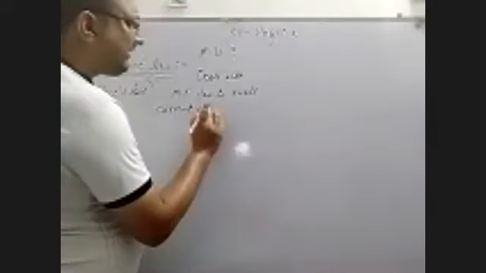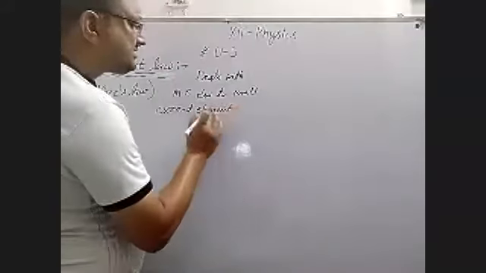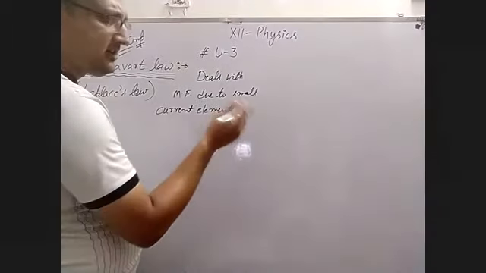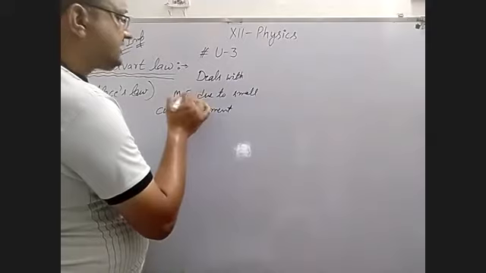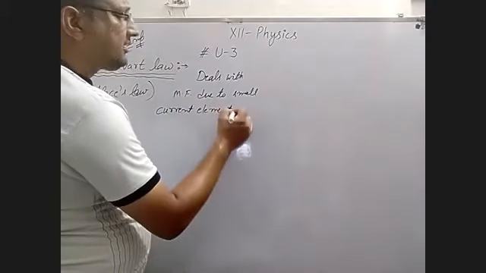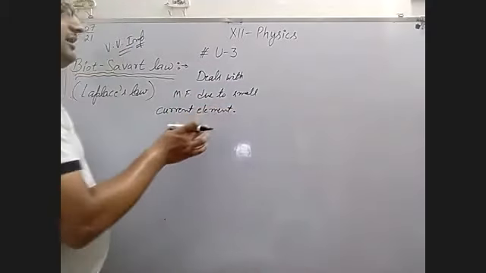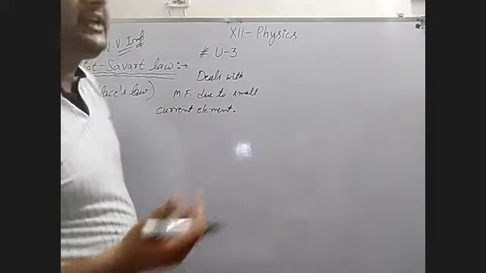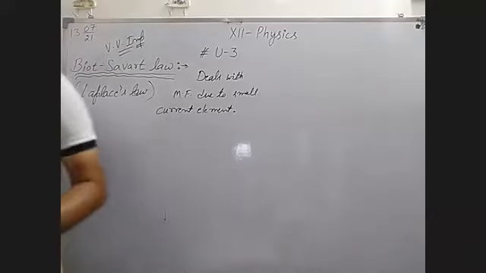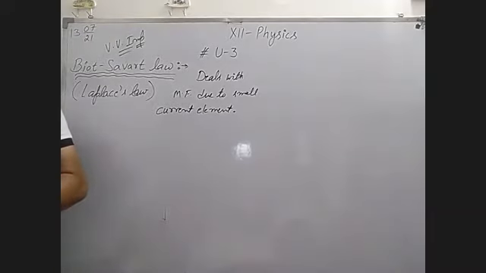What is the meaning of element? It means you take a small part of that conductor. It deals with the study of magnetic field due to a current element. If you have a current element, then you can find the value of magnetic field around it.